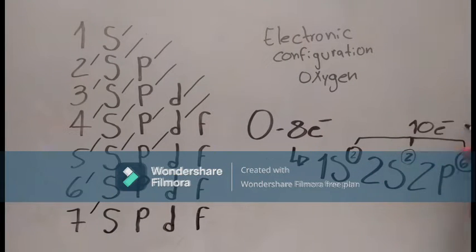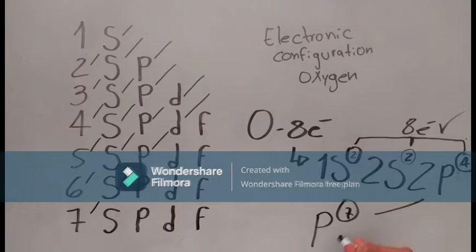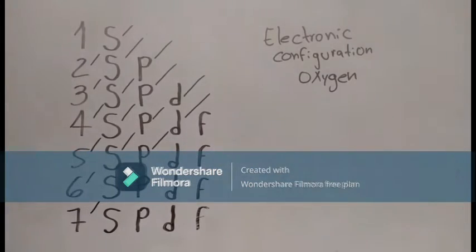In the third diagonal, we will find the p orbital. We write down the number of electrons, and making the summation, we have 10 electrons, and we need 8. We will make a modification in orbital p, placing 4 and giving the sum of 8 electrons. Remember, importantly, not to exceed the number of electrons.